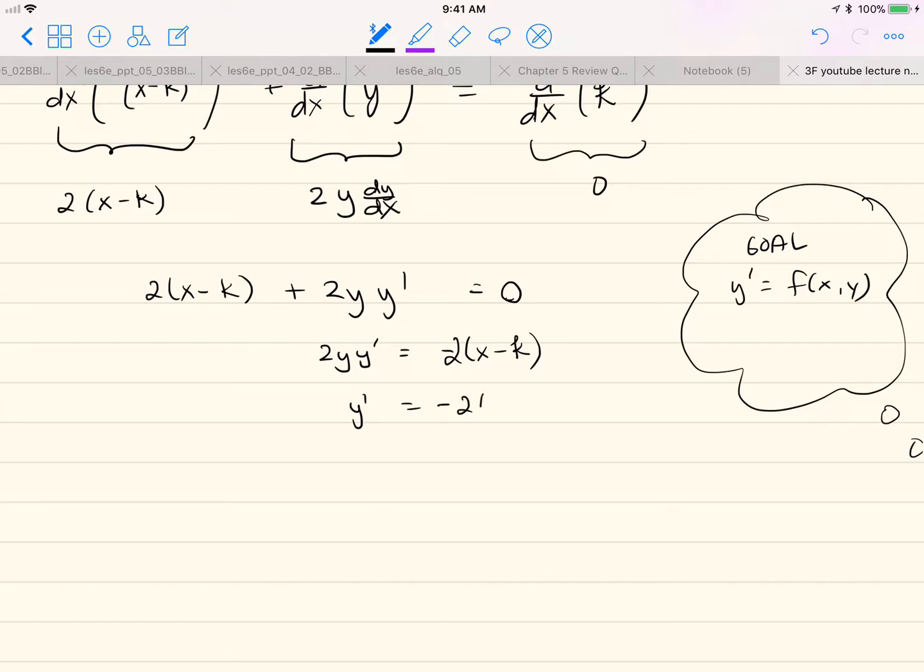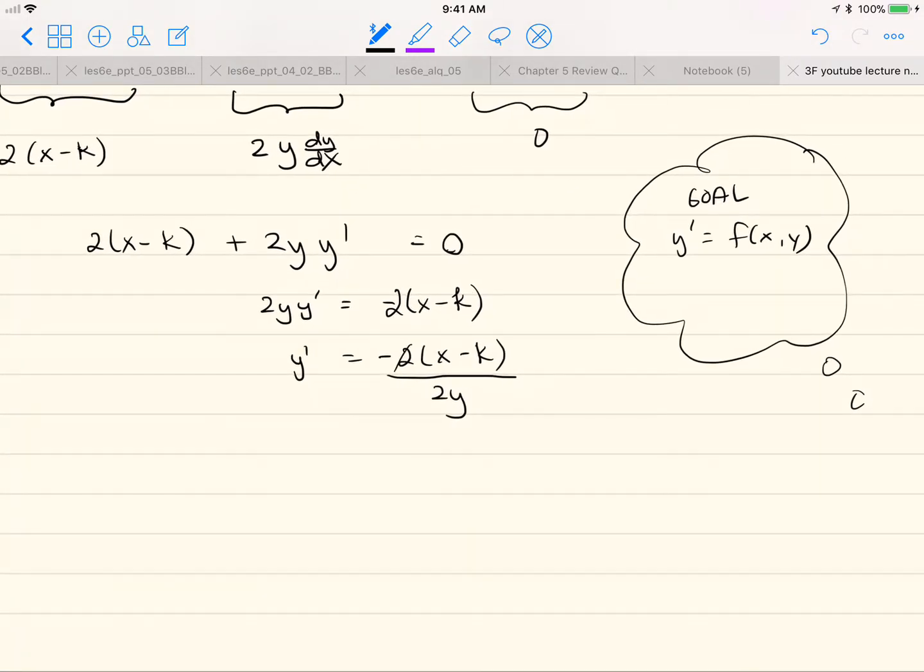So I have negative 2 times (x minus k) divided by 2y. The 2's cancel out, so I can have y prime equals, and I can distribute that negative, so I have (k minus x) over y. Am I done? No. Why? Because I need to get rid of that k. Remember, I need a differential equation that does not involve k. It only needs to involve x and y.